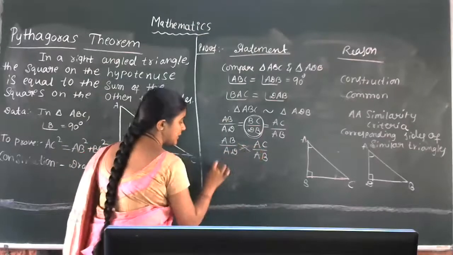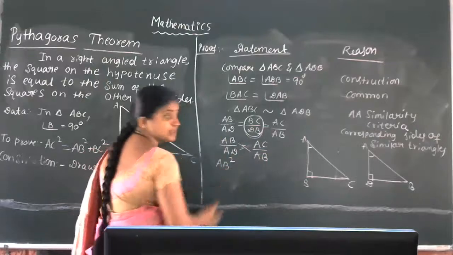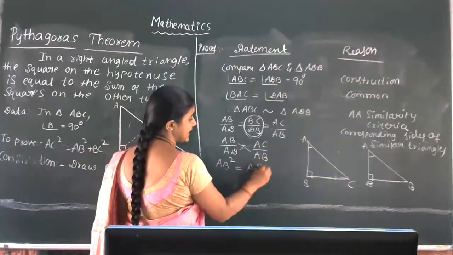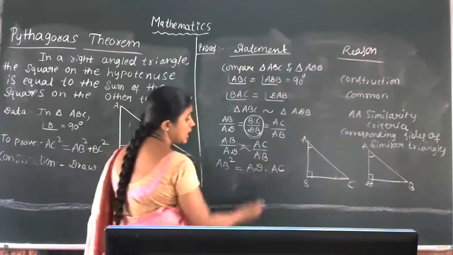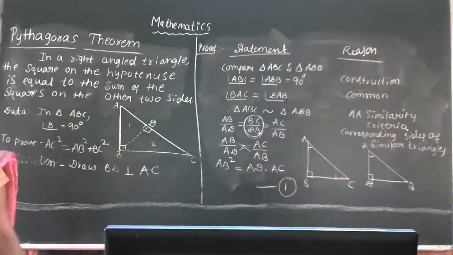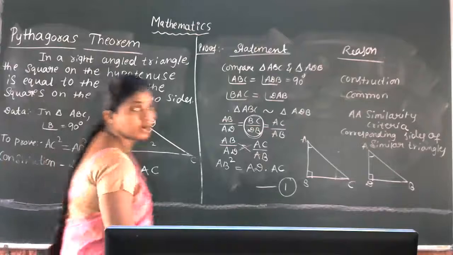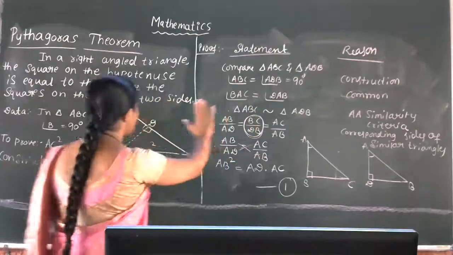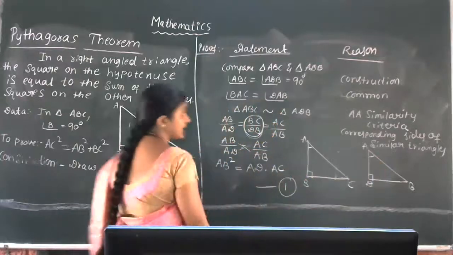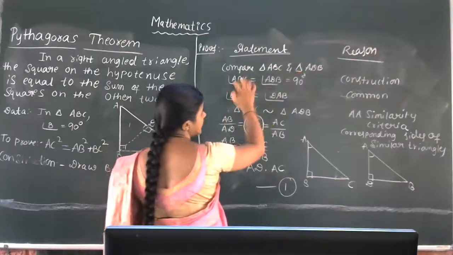Now you can observe in this diagram that angle C in triangle ABC and angle C in triangle BDC are both common. Angle ACB is equal to angle BCD. That is a common angle.